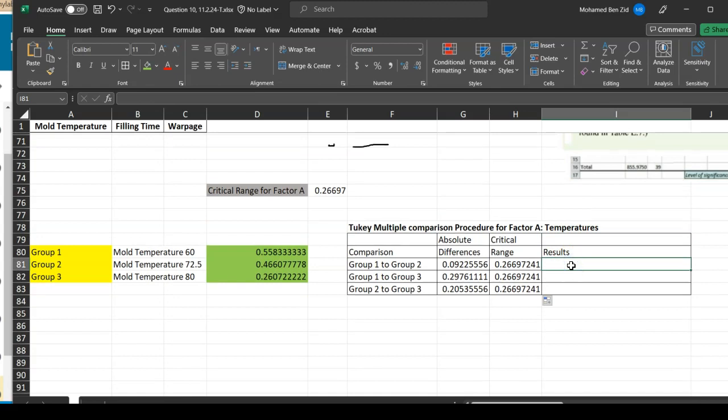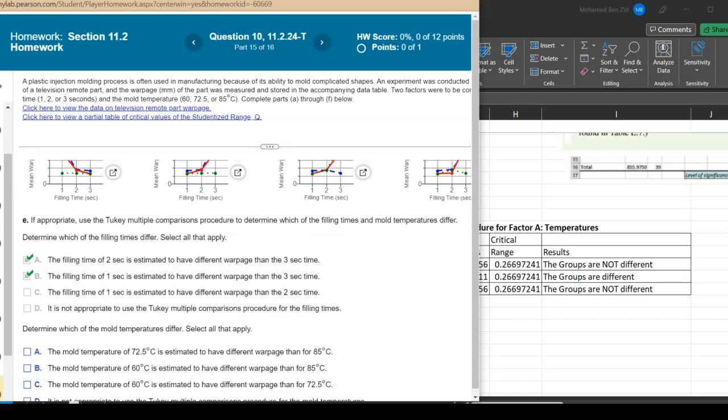So copy, Control V, and that gives me the statement. Then I'm going to drag it down here as well. So the only group having a difference is between 1 and 3. The other 2 are fine.